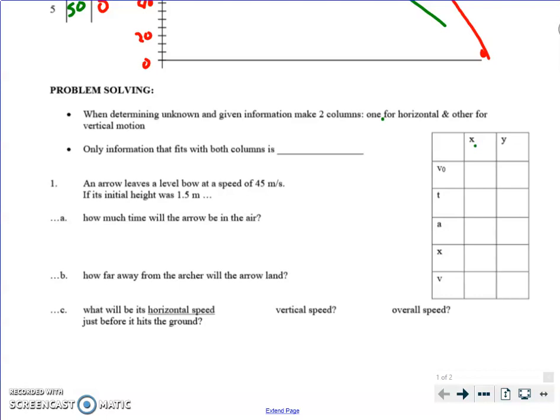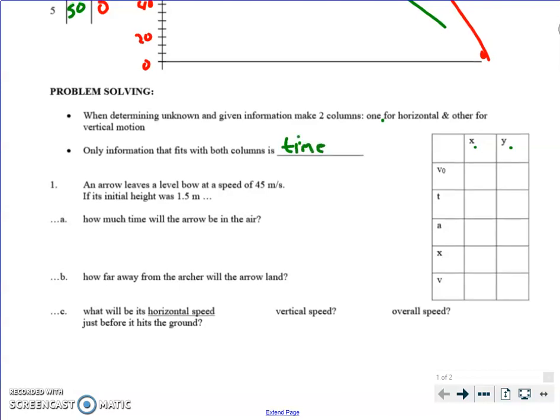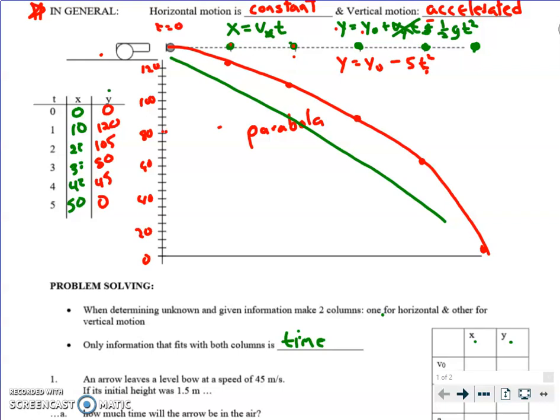X is horizontal, Y is vertical. The only information that goes in both columns is time. So understand, in that trajectory I showed above, the time that it takes the cannonball to go forward, 1, 2, 3, 4, 5 seconds, is the same time that it takes to fall these different spots. So the time to fall the full height is the same time to move forward to that position.